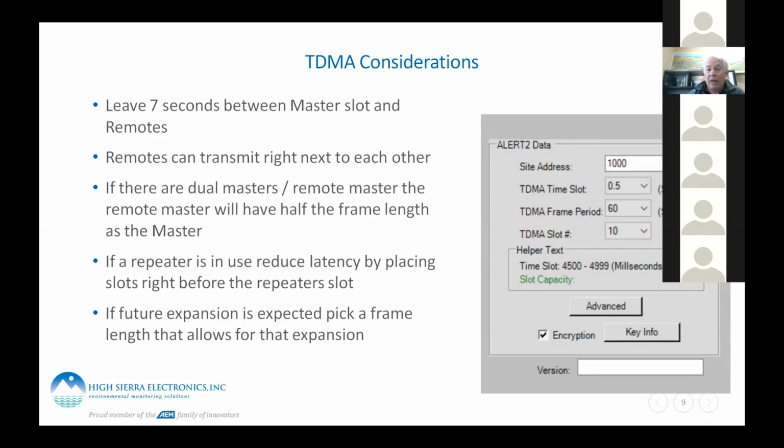And also, like in any Alert 2 system, you want to allow upfront, where possible, for future expansion so that you're not having to change your entire system configuration when you do decide to expand. If you know that you're going to build the system out a bit later, it's definitely good to include that to begin with.